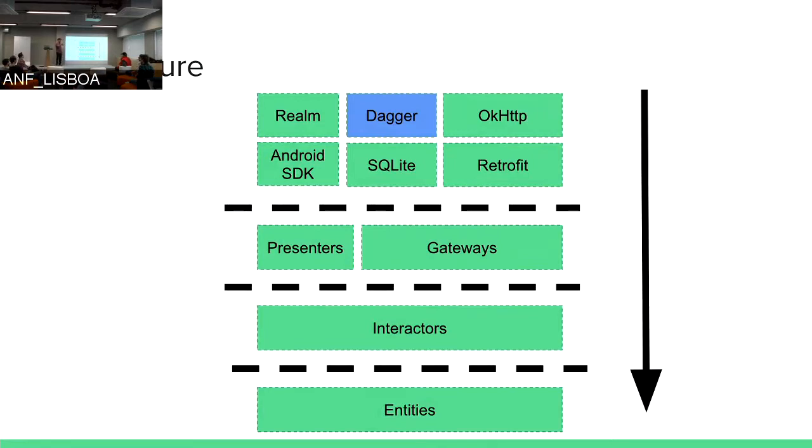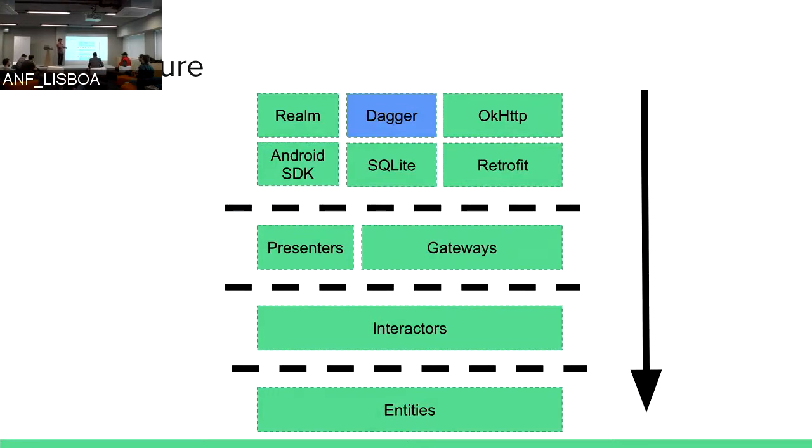And then interactors where we have the use cases. And then presenters. I choose here to use presenters, since we're going for MVP in this presentation, but it doesn't matter. You can use MVVM or whatever for the view layer. And gateways. And the source code dependency direction is that.